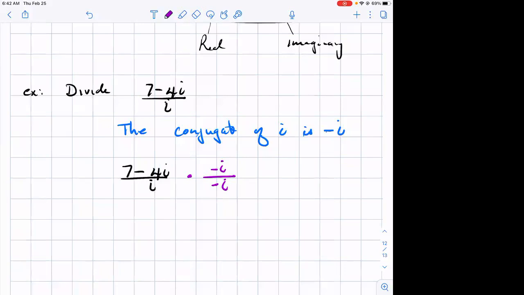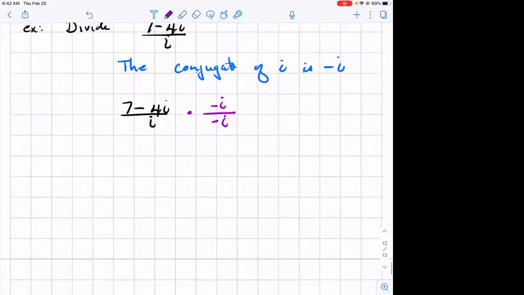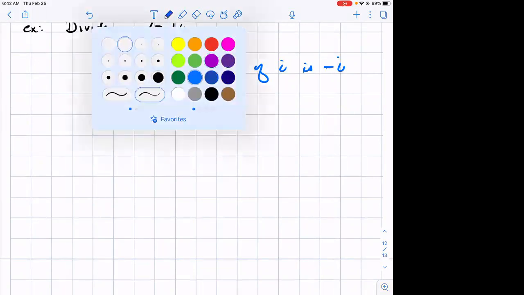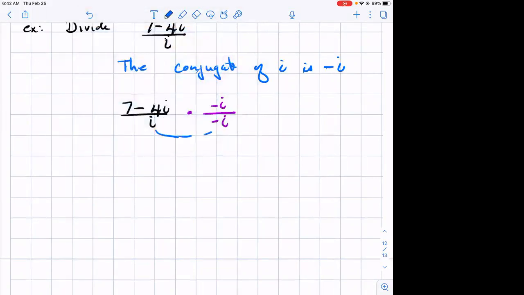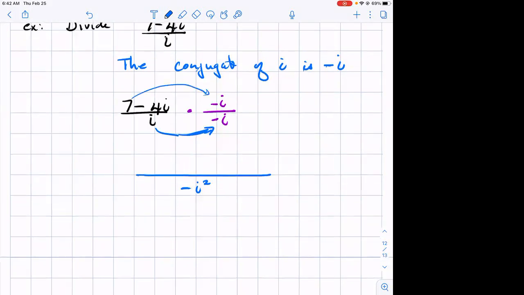That's the conjugates. By multiplying the denominator, this times this becomes minus i squared. And in the numerator, 7 times minus i becomes minus 7i. And then minus 4i times minus i becomes positive 4i squared.